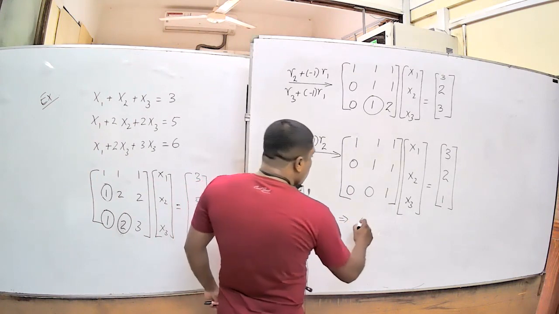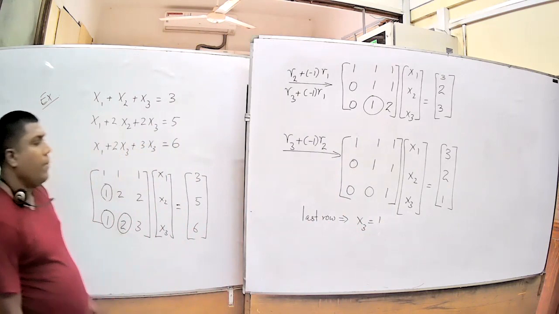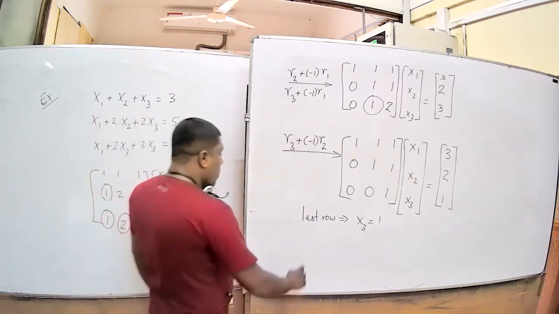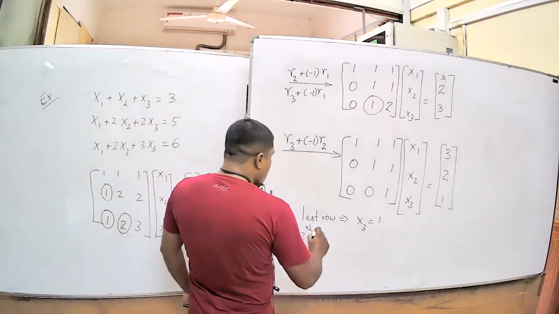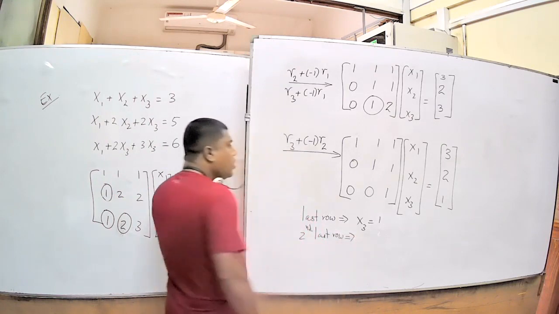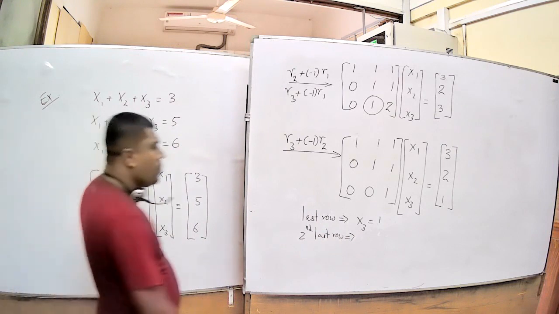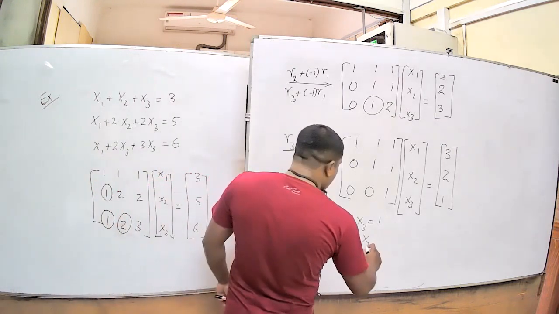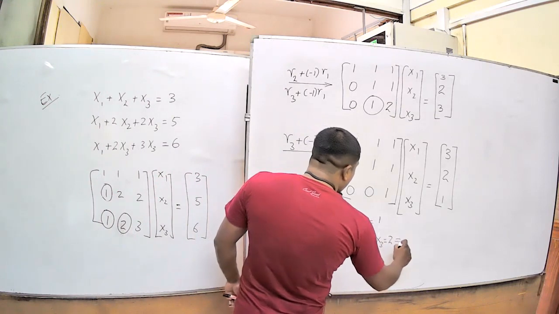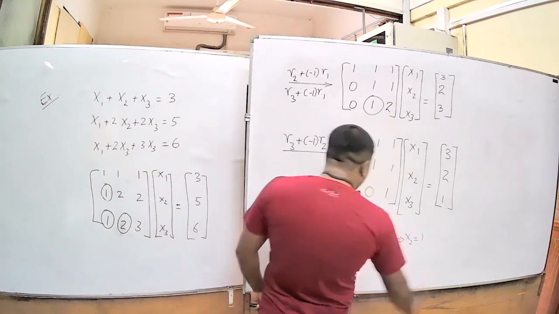From the last row, you get x3 is equal to 1, and then you go to the second last row, where you get x2 plus x3 is equal to 2. But you already know x3, so x2 is equal to 1.